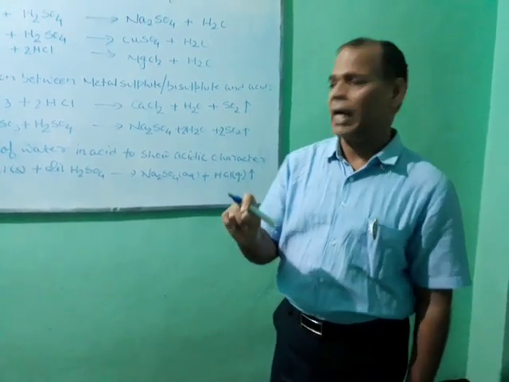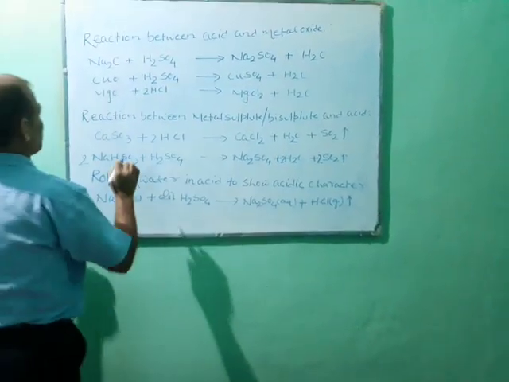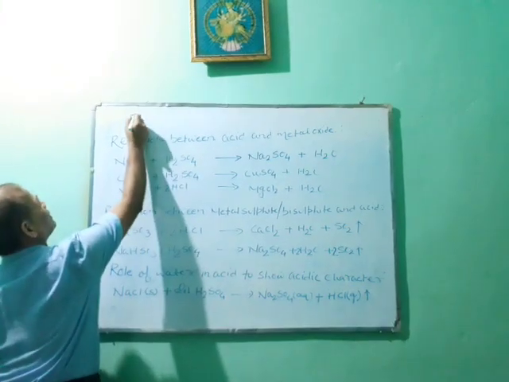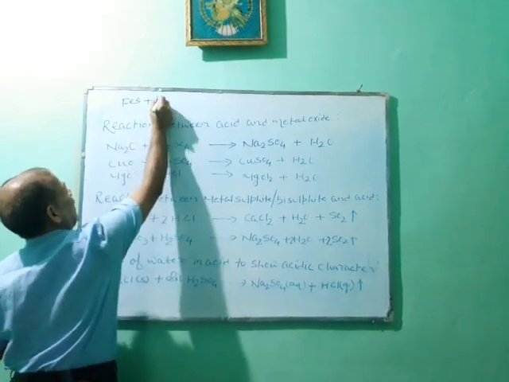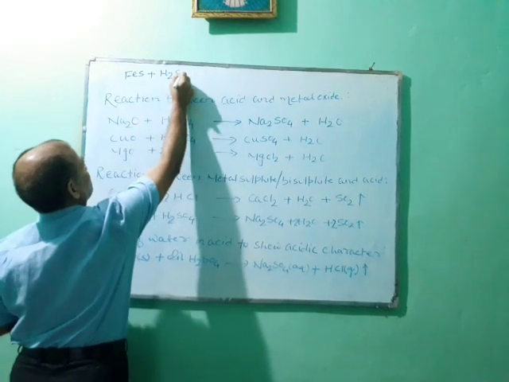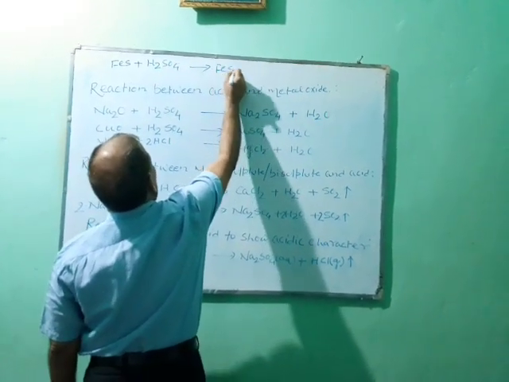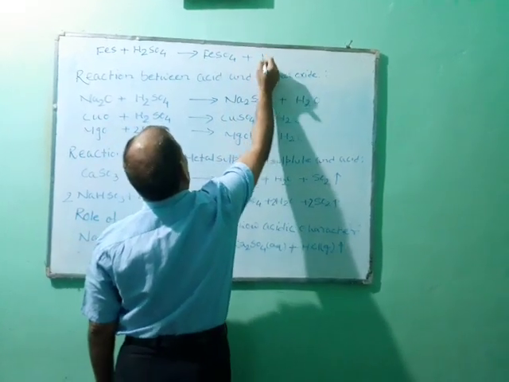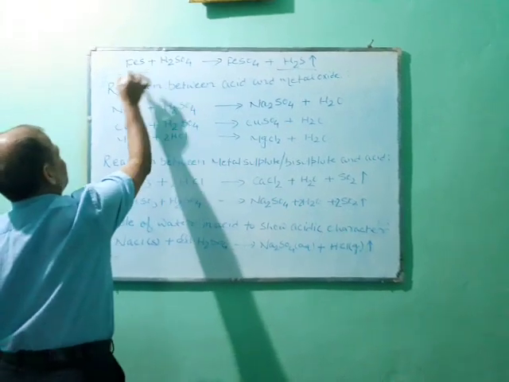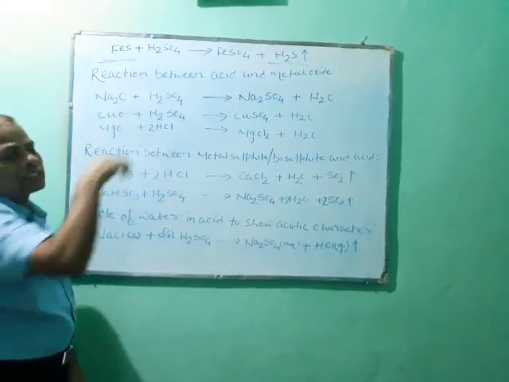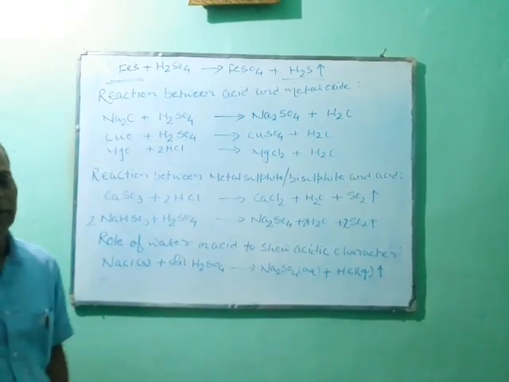For example, FeS plus H2SO4 forms FeSO4 plus H2S. So metal sulfide reacts with acid and evolves hydrogen sulfide gas.